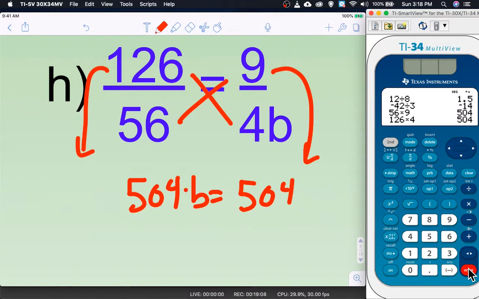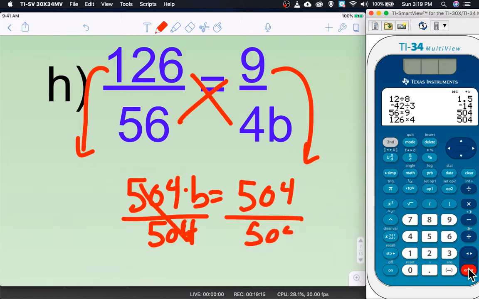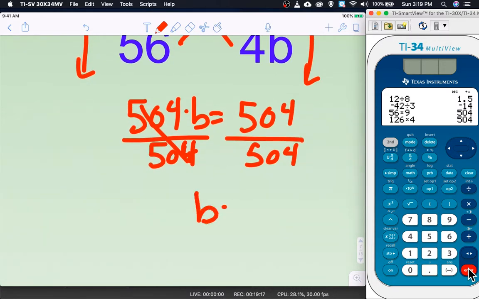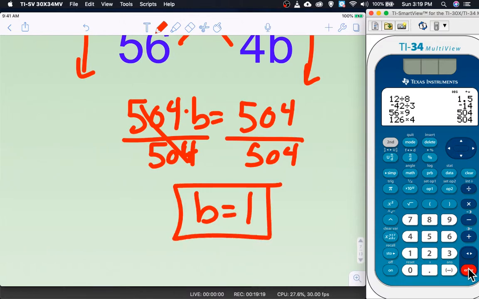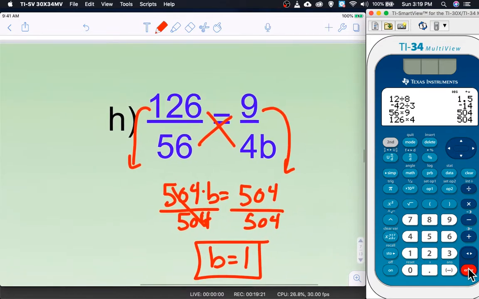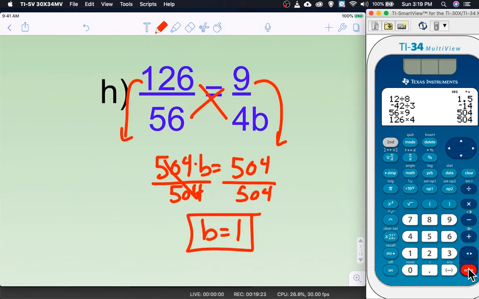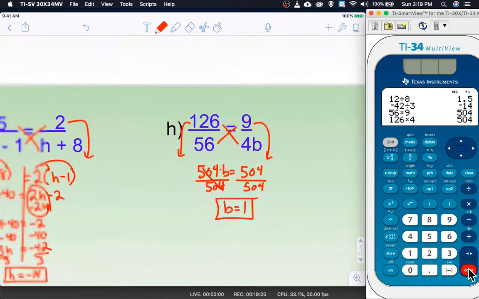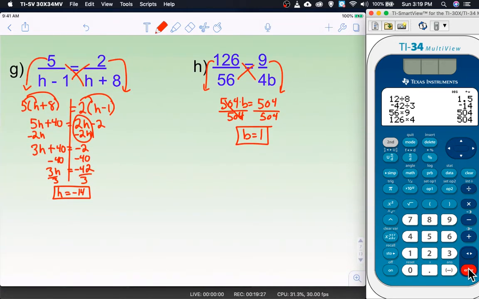To solve the equation, I'm going to divide both sides by 504 to cancel out this multiply. And we get b equals 1. And that's done. And there's both problems if you wanted to see them before we move on to the next page.